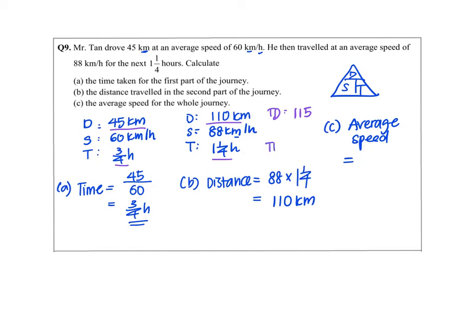That gives me total time to be 2 hours. So this is 155 kilometers. So my answer will be 155 kilometers divided by 2 hours to give me 77.5 kilometers per hour. So this will be the average speed for the whole journey.